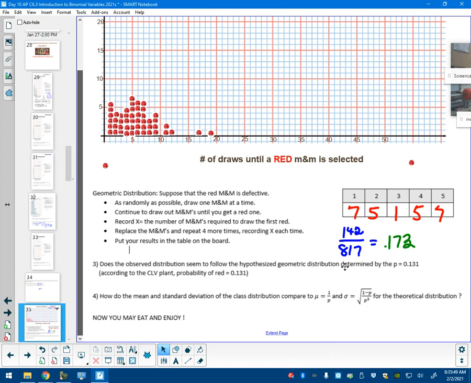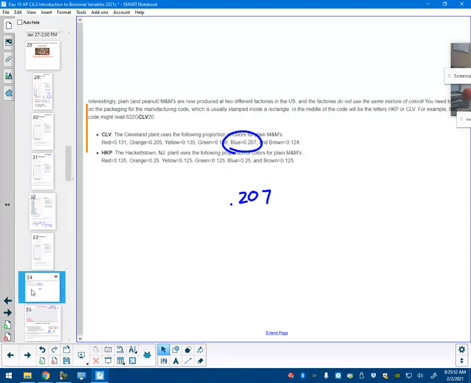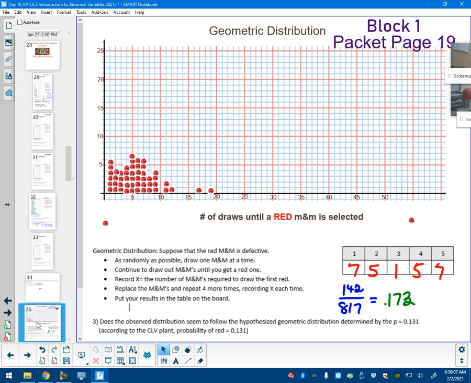Let me see if that's closer to what we did for red. No, it's closer to Cleveland. So I don't know. We have a small class, so I'll put all the results together from all day long, and we'll see what we get.